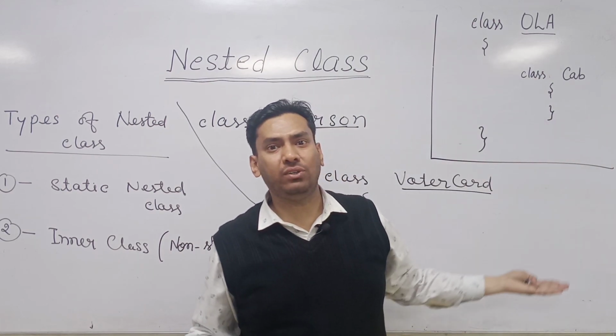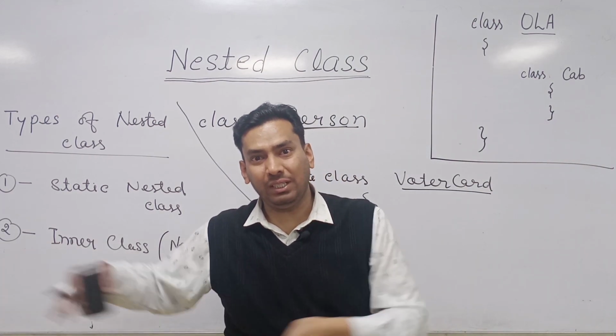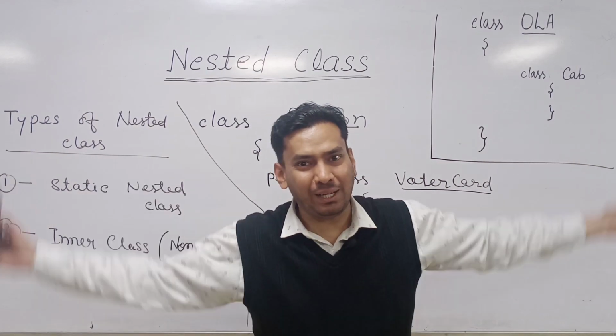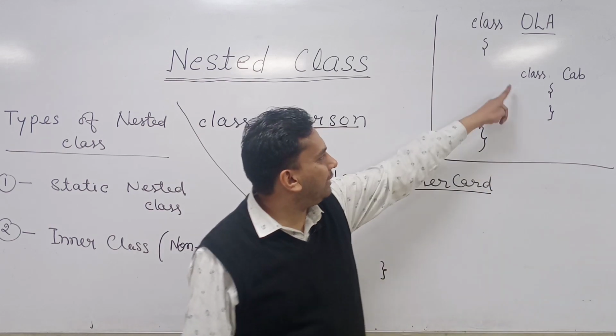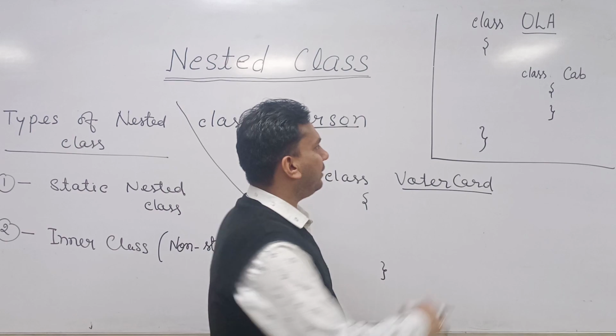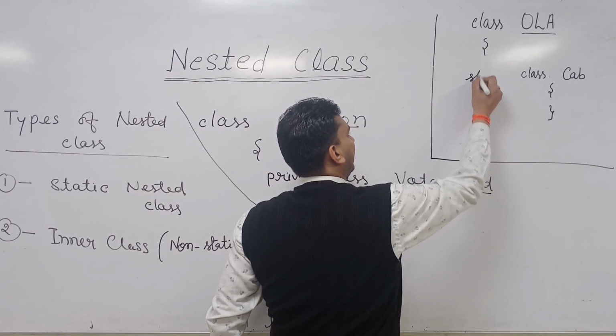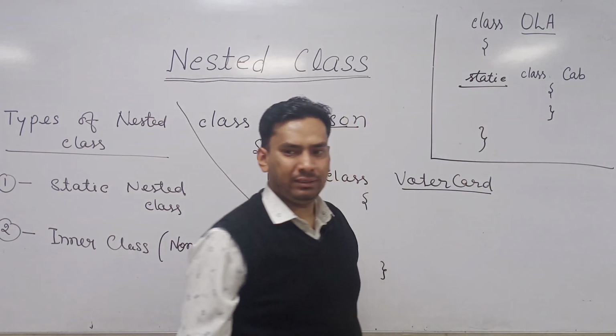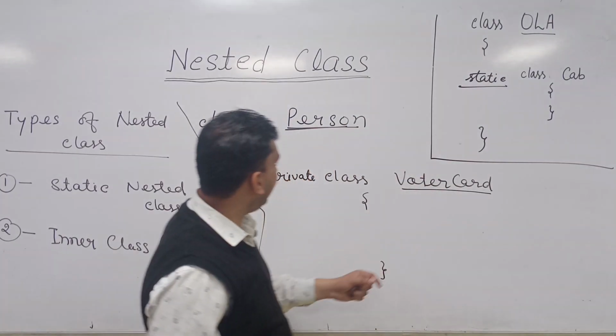Ola can have a number of cabs. It doesn't mean every Ola will have its own cab. You have only one Ola, but there are thousands of cabs. So here it should be independent of the outer class object. So here you can say it should be declared static. Is it clear?